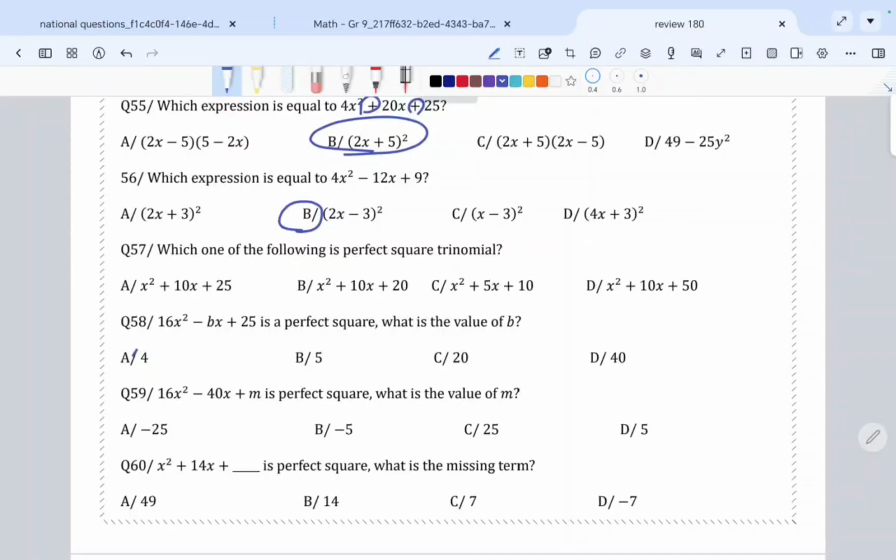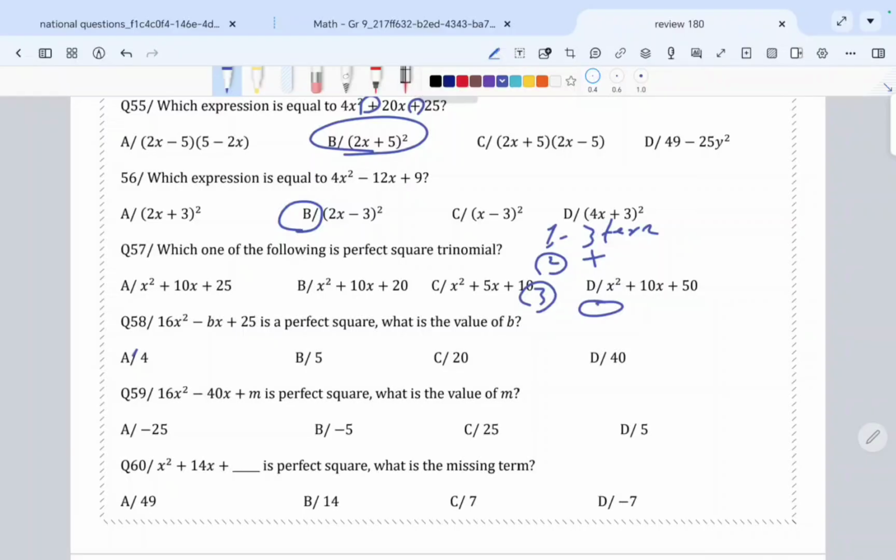Okay. Which of the following is a perfect square trinomial? A perfect square trinomial has 3 conditions. One, it consists of 3 terms. Second, the first term and the third term must be positive, always positive. Third, the last term must be a perfect square. Okay, the third term, I mean.